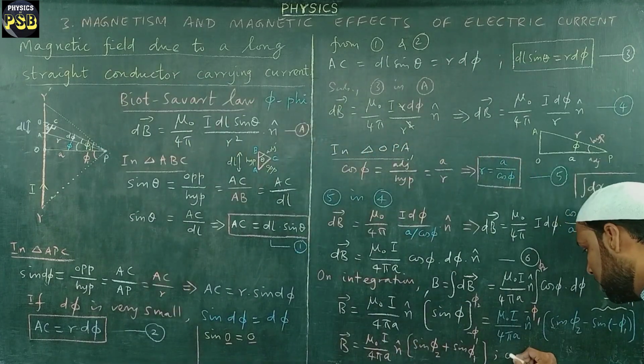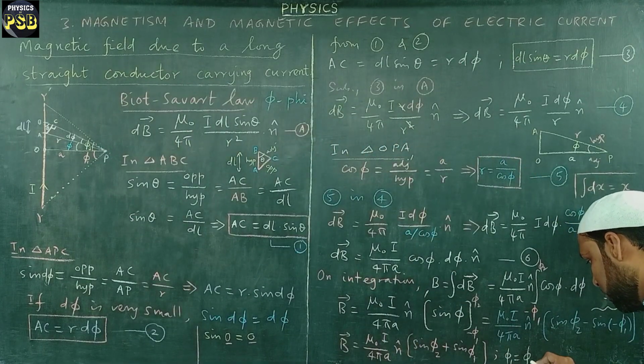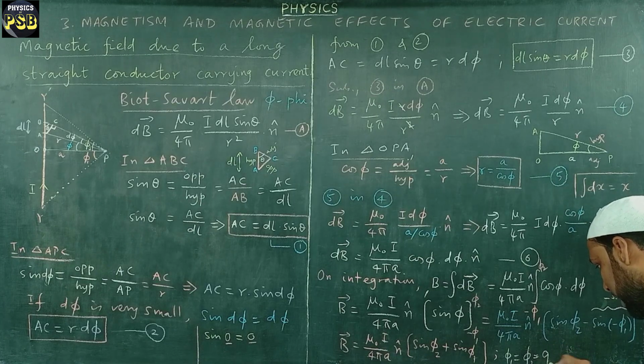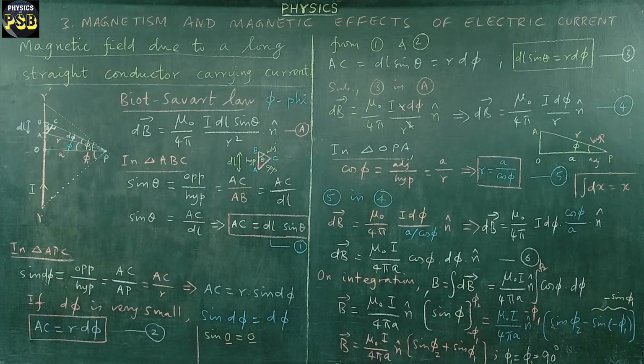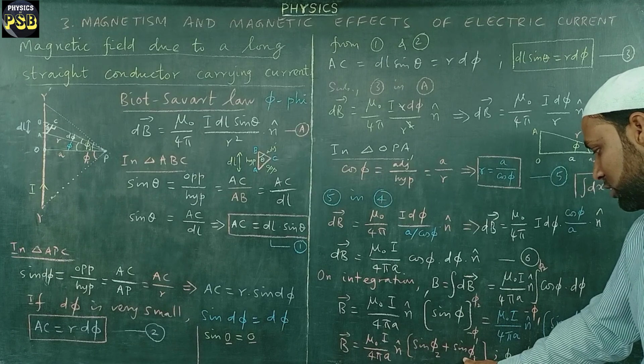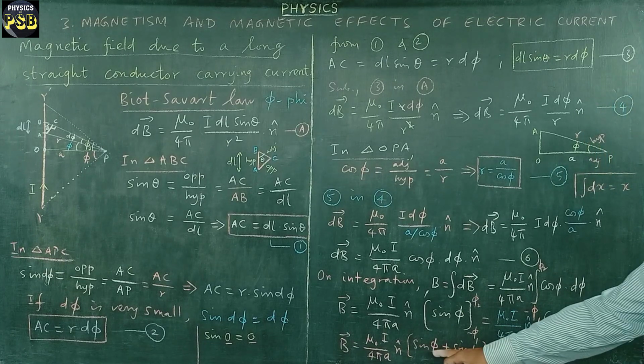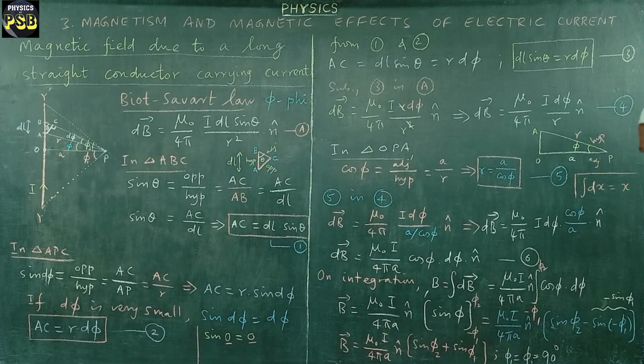Here φ1 and φ2 are taken as 90 degrees. If it is so, in the place of φ2 and φ1, I put 90 degrees. If I do so, sine of 90 is nothing but 1. In the place of this, I will get 1, and in the place of this also, I will get 1. So 1 plus 1 becomes 2. That is in the box.